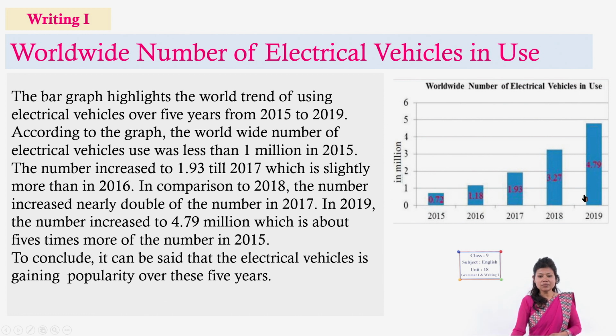So when you compare the number between 2015 to 2019, then it is gradually increasing, and when it comes to 2019, it increased 5 times more than in 2015. Okay. In this way, we can describe, comparing, contrasting, all the information revealed in the bar graph can be described like this.